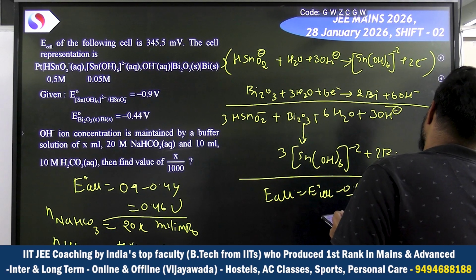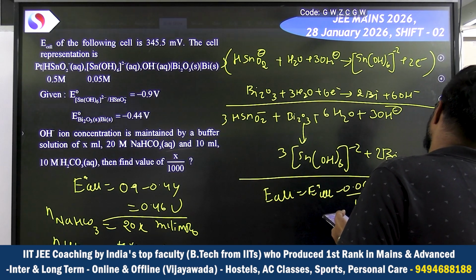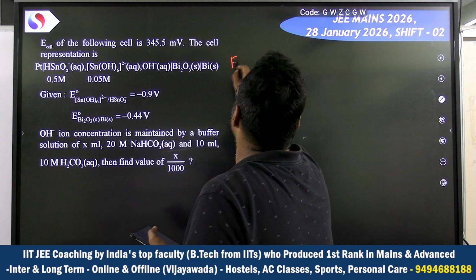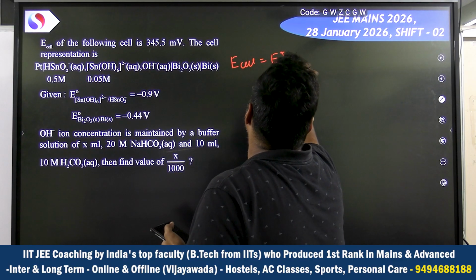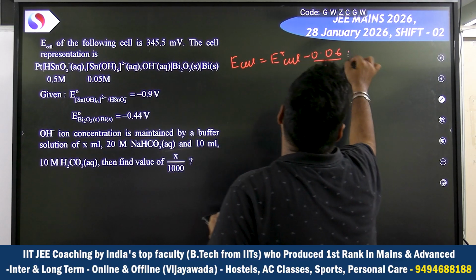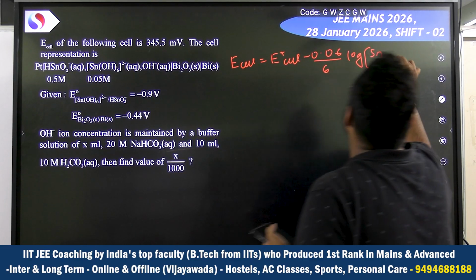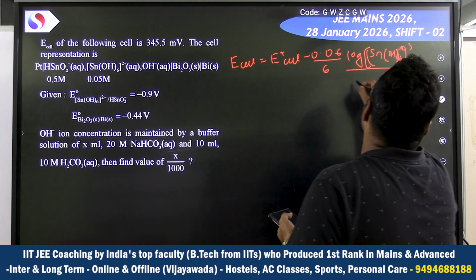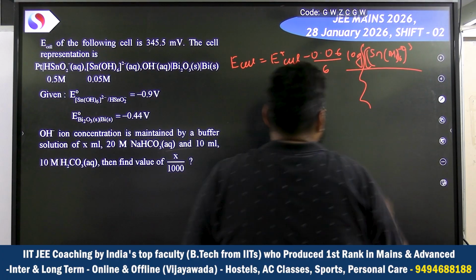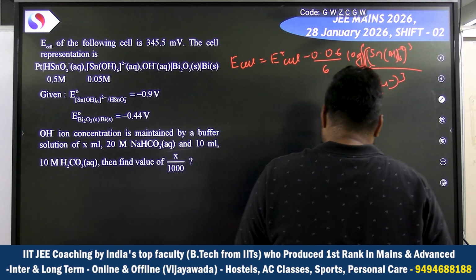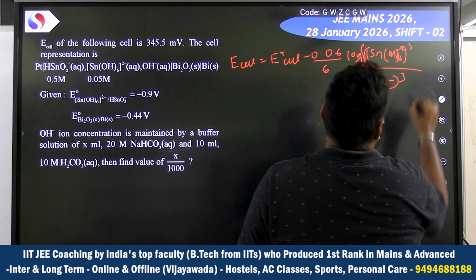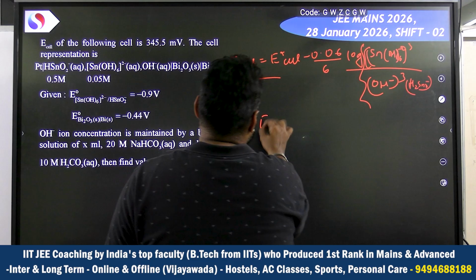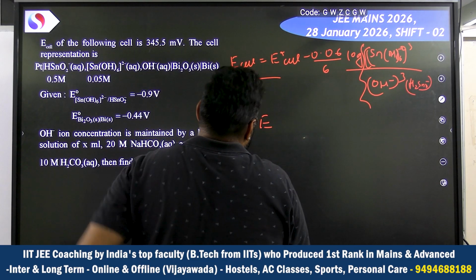So Sn(OH)6 2 minus का whole cube divided by OH minus का whole thrice, and on the other end it will be H2SnO2 minus. Correct?